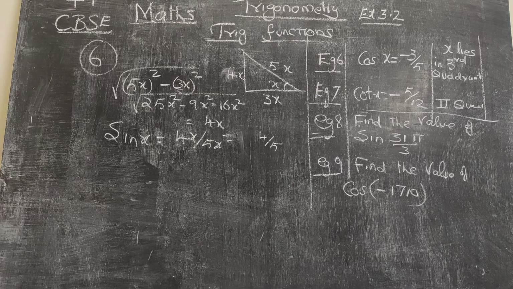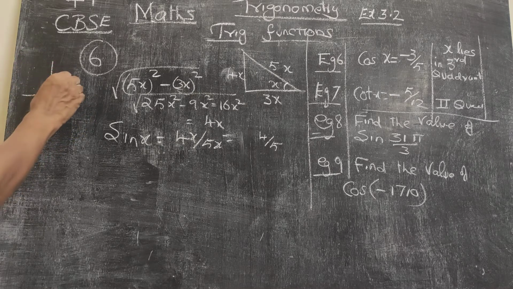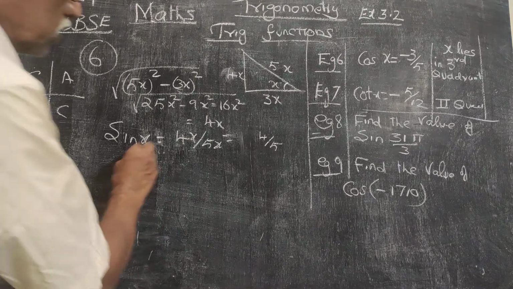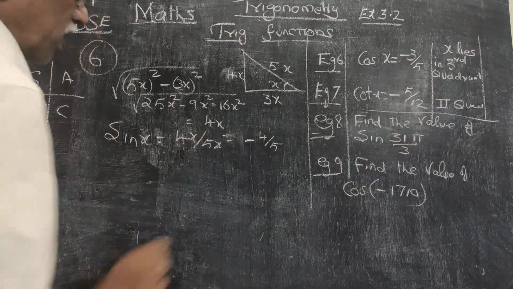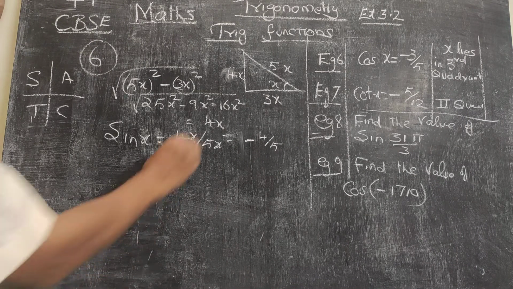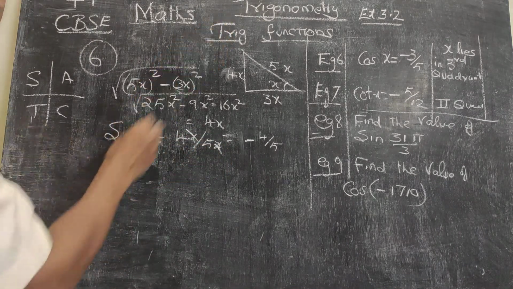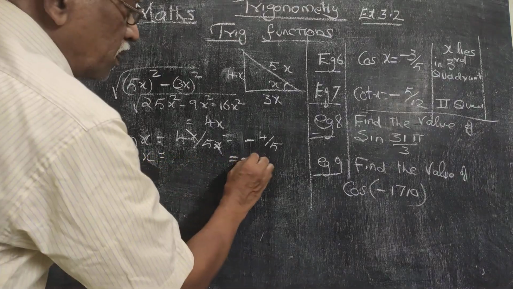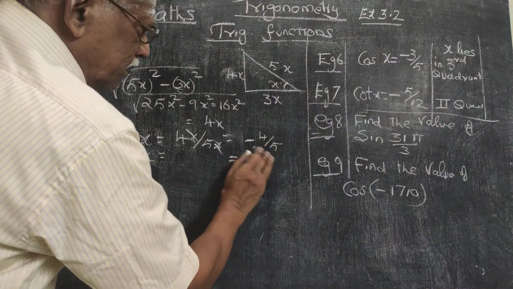In the third quadrant only tangent is positive. That means all other ratios are negative. Therefore sin x equals minus 4 by 5. Cos x they have given already, that is minus 3 by 5.